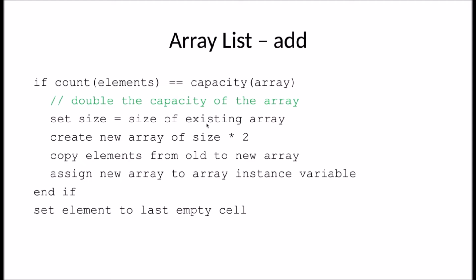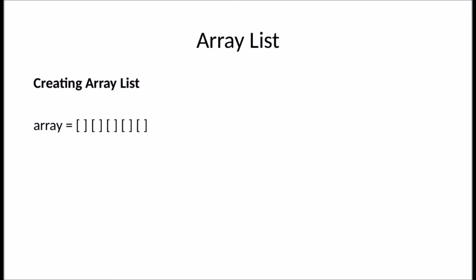This is done by getting the size of the existing array and then computing size times 2, which creates double the size, then allocating a new array of size times 2, and then copying the elements from the old to the new array, and then assigning the new array to the array instance variable of the ArrayList object. Finally, the element is set to the next available cell in the array, or the next available index, and the index is incremented.